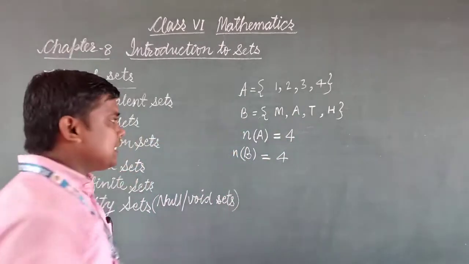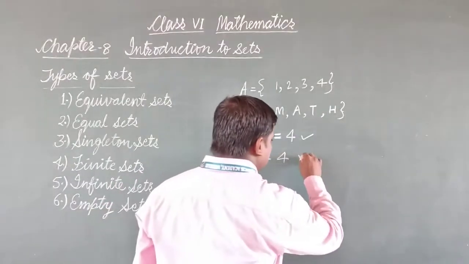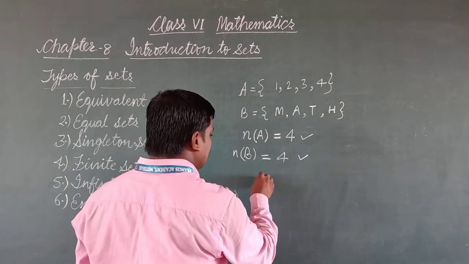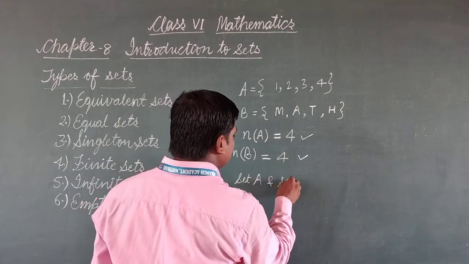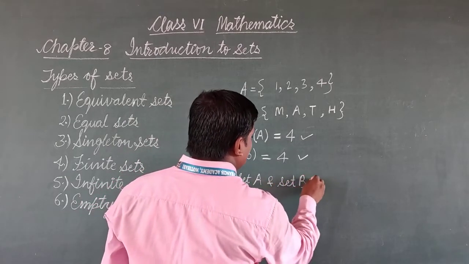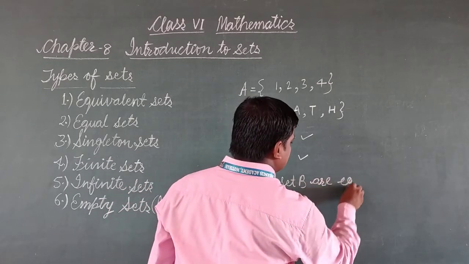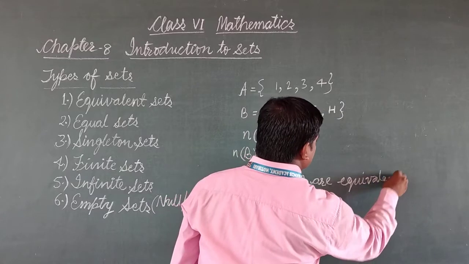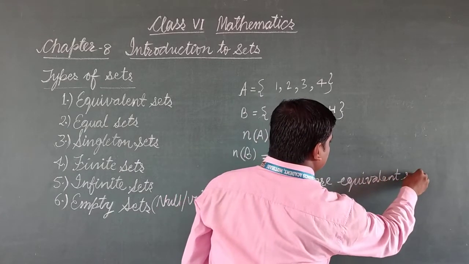So you are seeing here the cardinal number of set A is 4 and cardinal number of set B is 4. Therefore, set A and set B are equivalent sets.